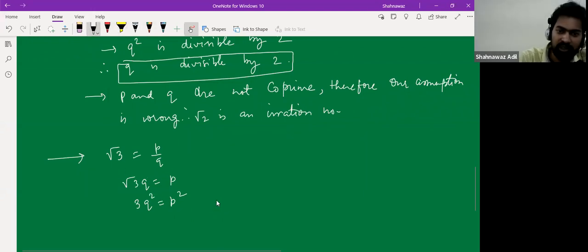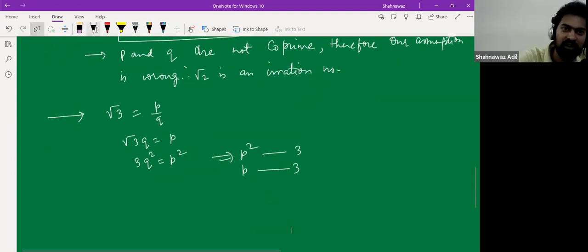So p square is a multiple of 3, so p is a multiple of 3, right? And then we write p as 3m. So p square is 9m square, right?